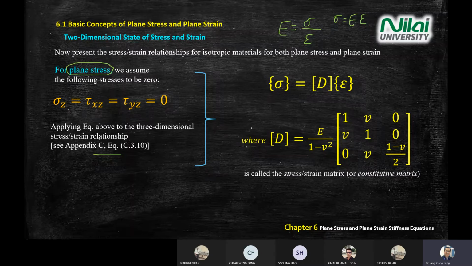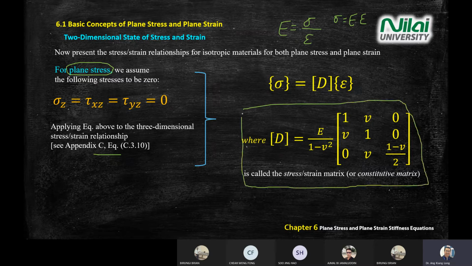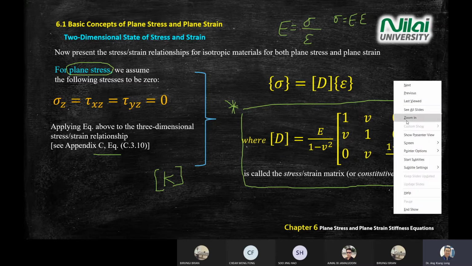This is called the stress-strain matrix, which you use to solve chapter 6 questions. It is a very important equation, like the K we learned in the previous chapter. When it comes to plane stress or plane strain in chapter 6, we no longer focus on K, but on D, given by this equation, the constitutive matrix.